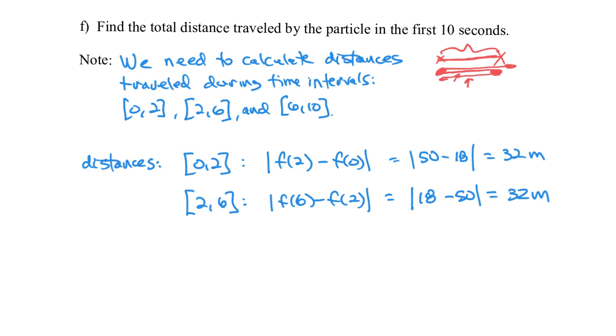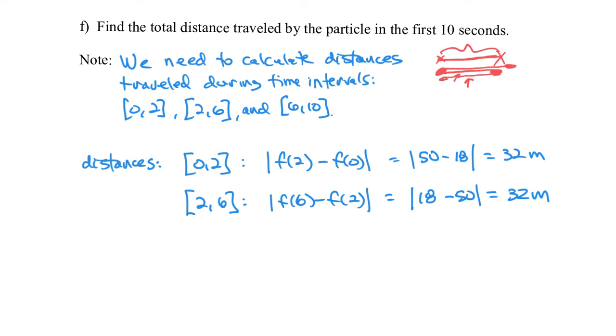Again, it's positive because of the absolute value. If we want distance, we can't use negative numbers, so we take the absolute value. So basically, the particle went 32 meters to the right. It stopped at 2 seconds, then took the next 4 seconds going back 32 meters to right where it started from. So it was going slower on the way back. It took 4 seconds to get back, and only took 2 seconds to get there.